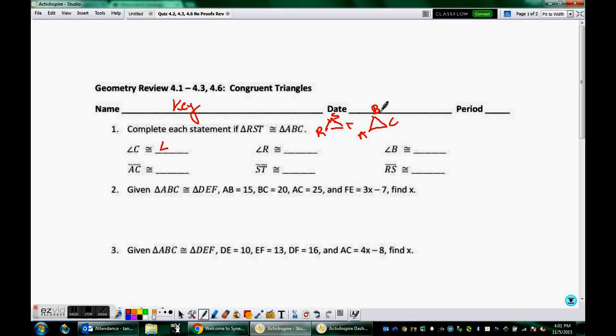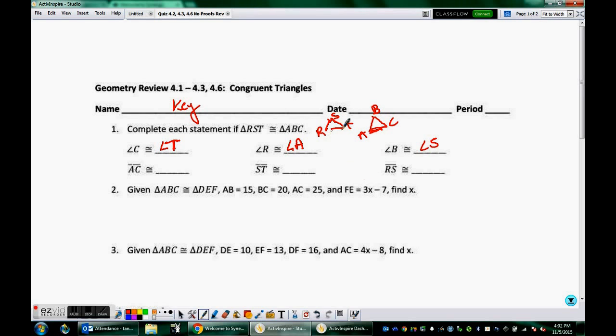So that means angle R is congruent to angle A, angle S congruent to angle B, angle T congruent to angle C. So when I look at this first one, angle C is congruent to angle T. So C and T correspond here. Angle R corresponds to angle A in the other triangle. Angle B corresponds to angle S in the other triangle. Remember, that's why these triangle congruency statements are so important.